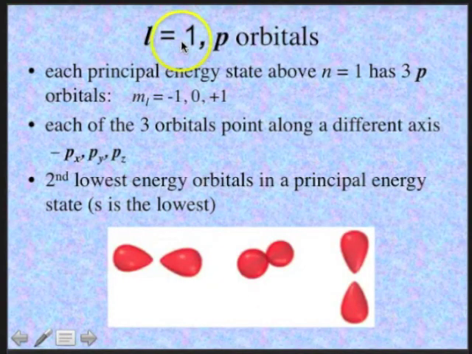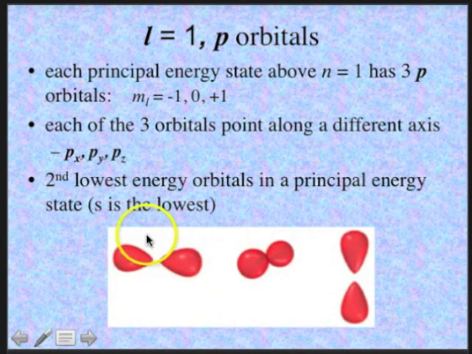When the L quantum number equals 1, we're talking about p orbitals. And each principal energy state above n equals 1 has 3 p orbitals. These are given quantum numbers of -1, 0, and +1. And they kind of look, again, like these dumbbell shapes.